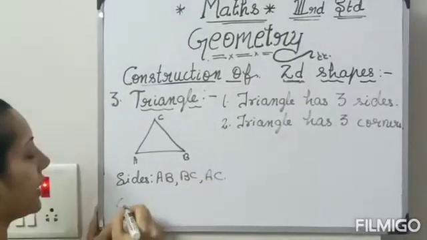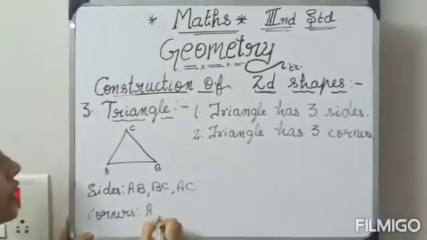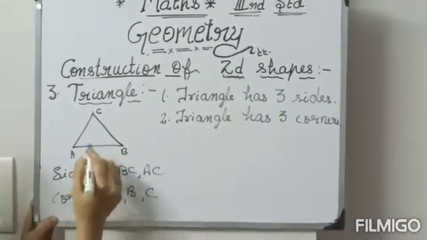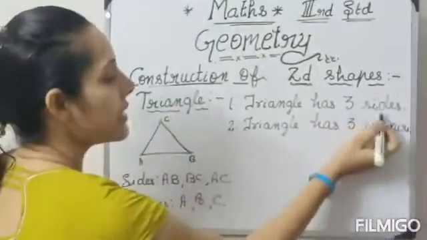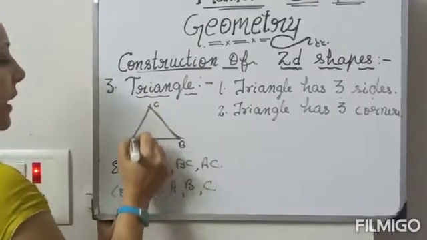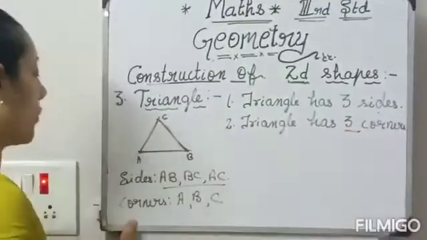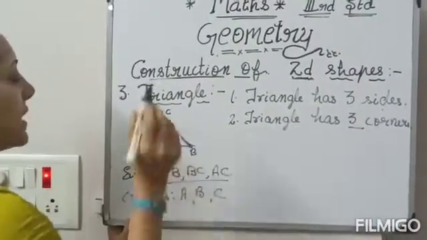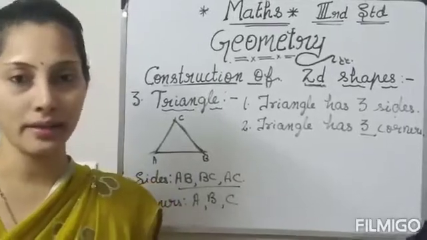Our triangle has three corners. What are our corners? A, B, C. In a triangle we do not have any diagonals.